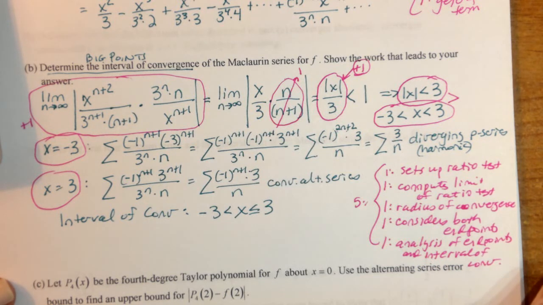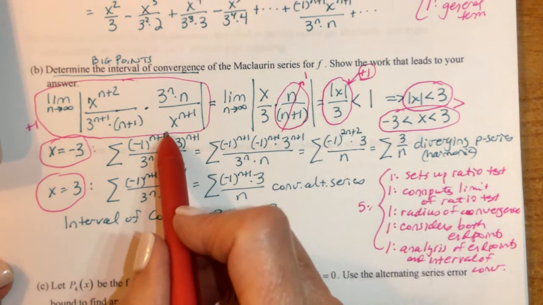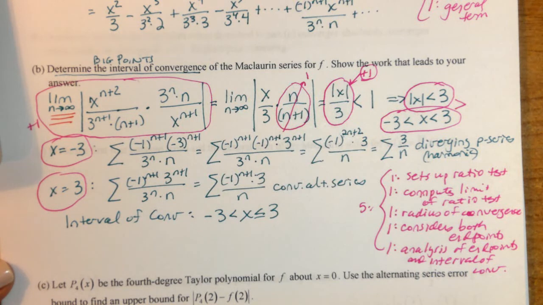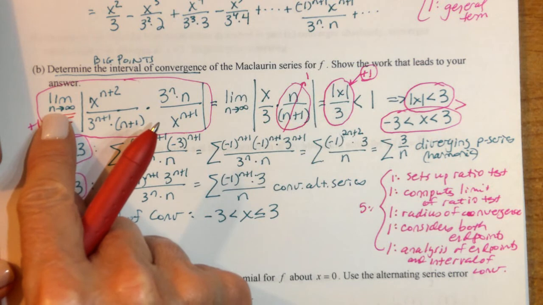Okay? So, common mistakes I see when I'm grading these tests. First of all, people don't write the limit. If you don't write the limit, you are not using the ratio test. So it doesn't matter what you do, you're not using the ratio test. You have to write a limit.